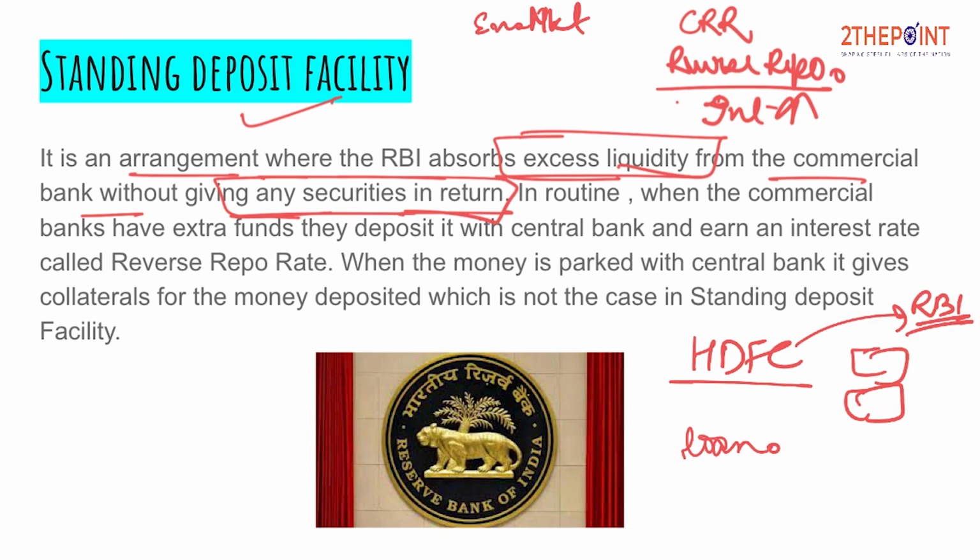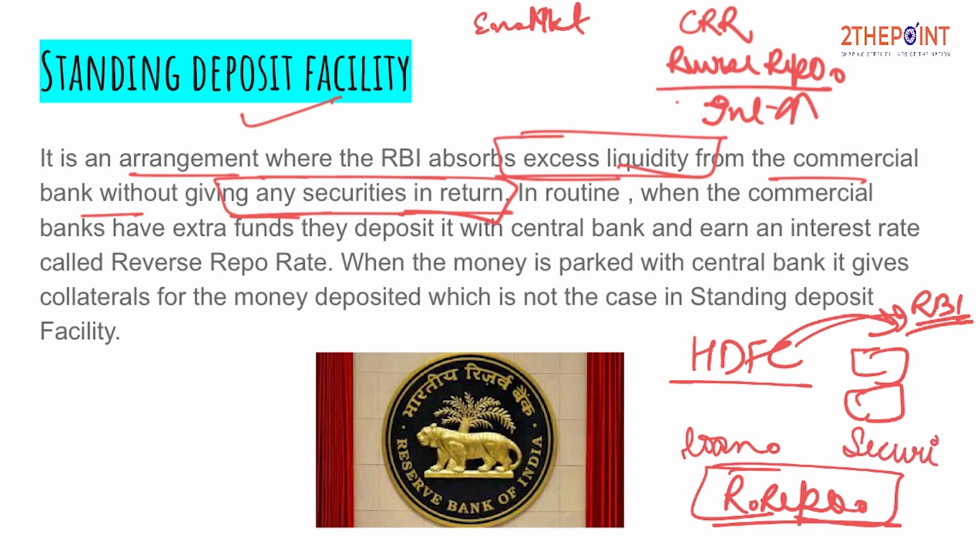This is called reverse repo. Whenever HDFC goes to RBI to deposit money at the reverse repo rate, what HDFC gets in return is securities as collateral for the deposit made with RBI.